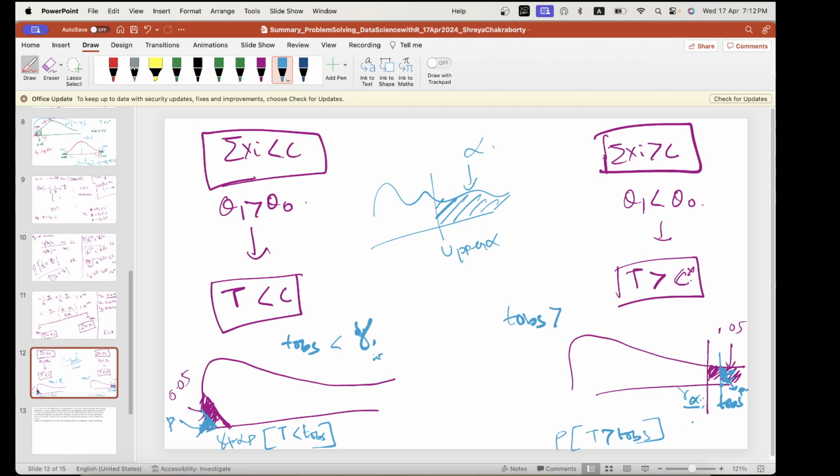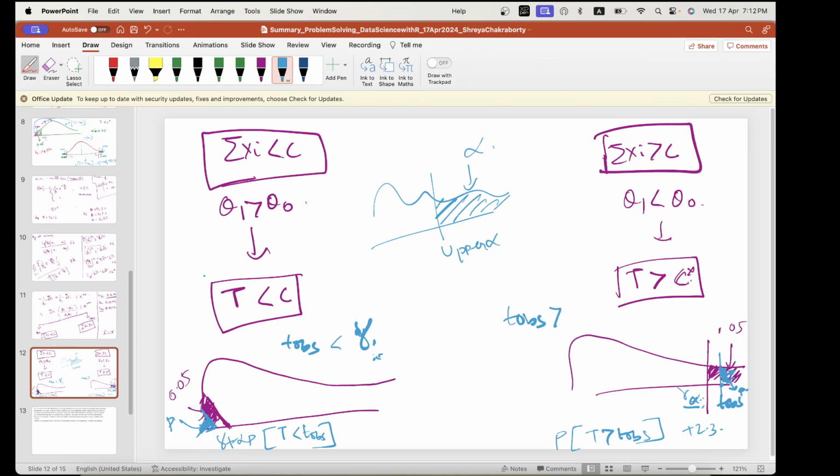So if this is, let's say, plus 2.3, this will not be minus 2.3. If this can be 2.3, the other can very well be minus 3.5, or it can very well be 0.02.